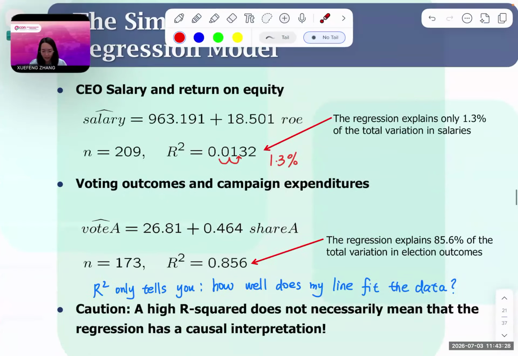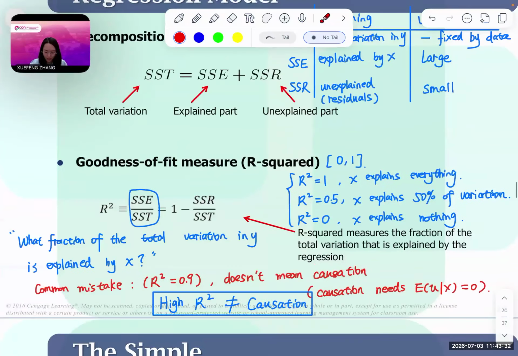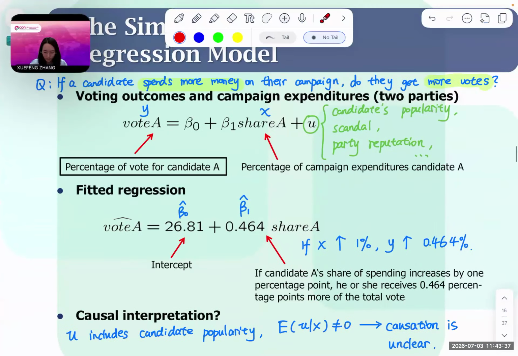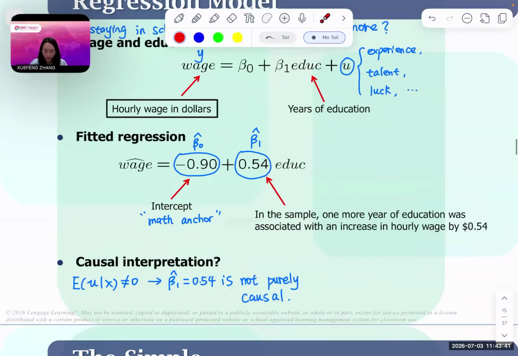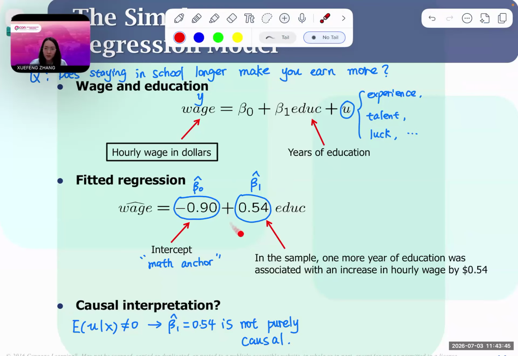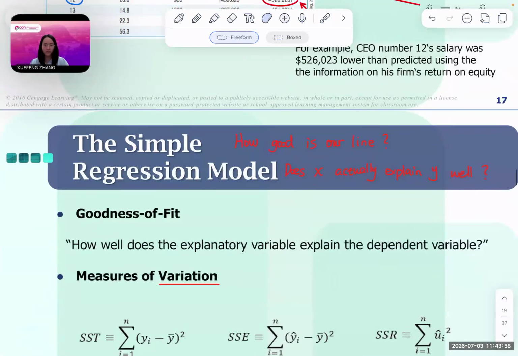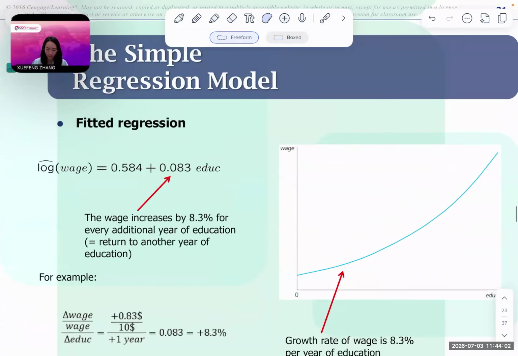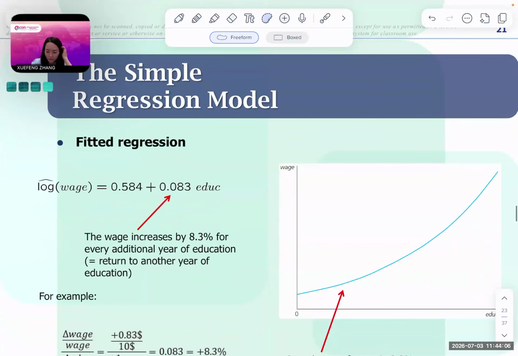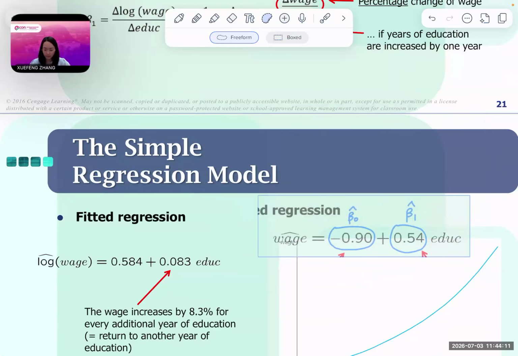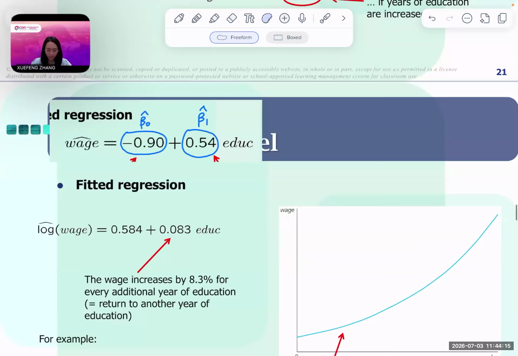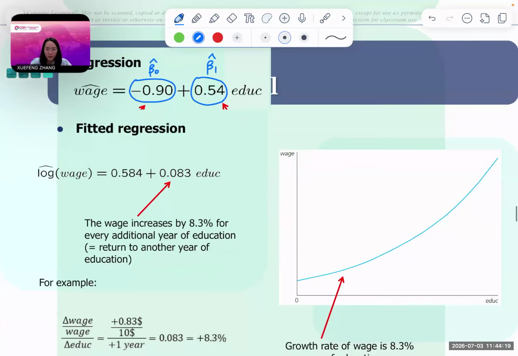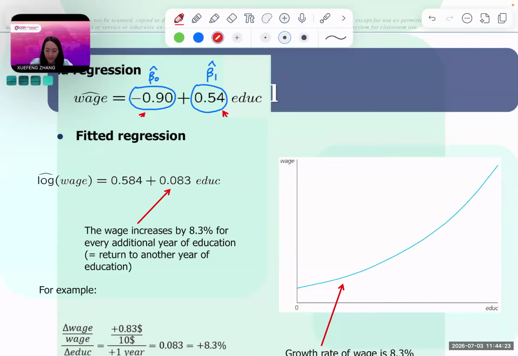Before, without log, beta 1 hat equals 0.54.